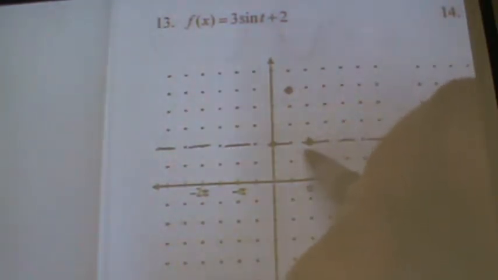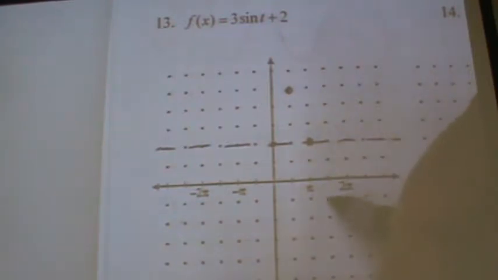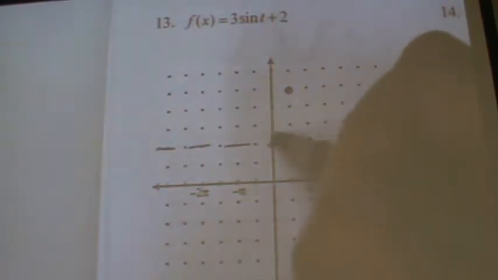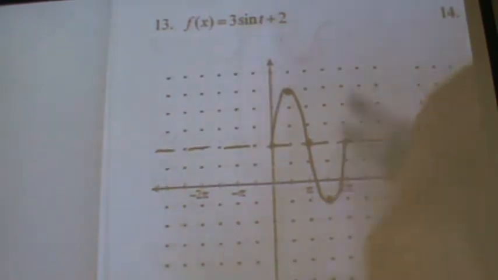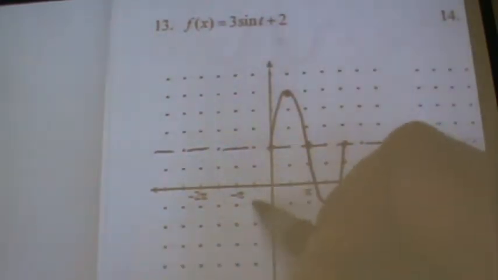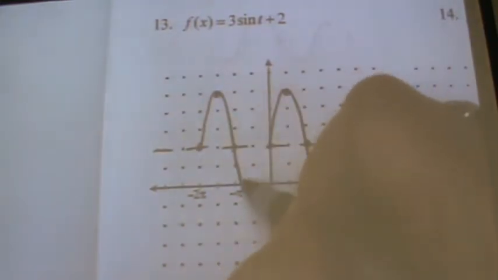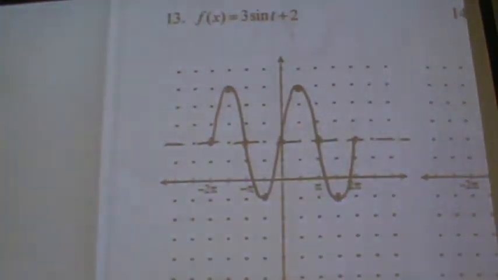Down. Then what? Down, and go back. Okay, and then go back the other way. You get this?